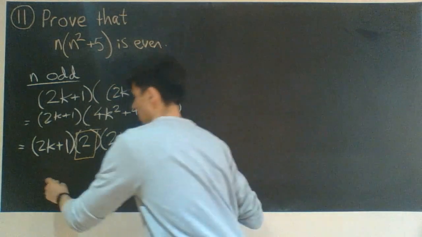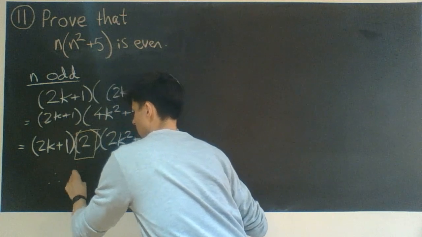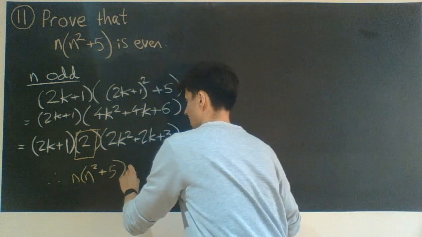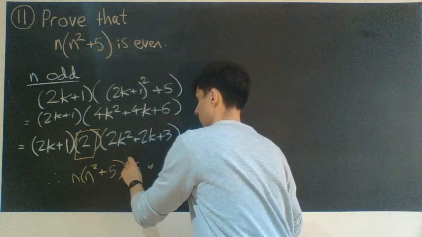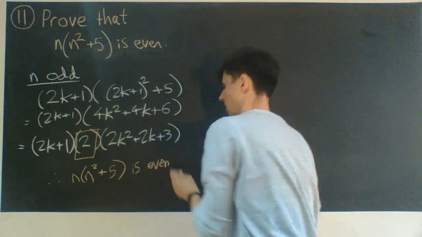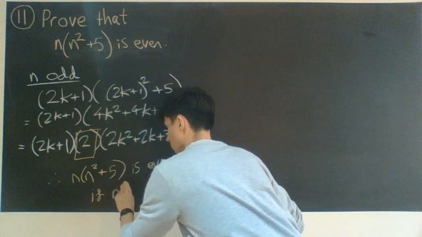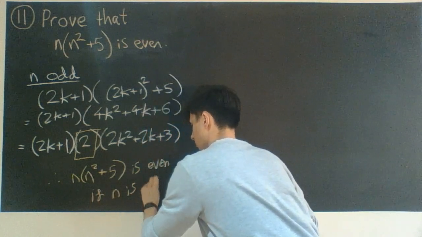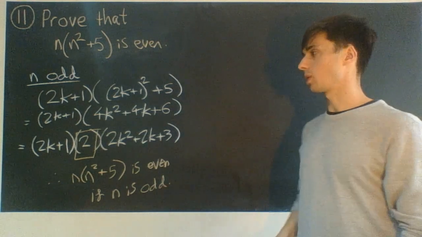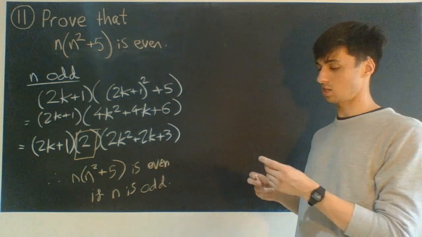So we can say here, therefore, n(n squared plus 5) is even if n is odd. So we've showed one part of what we'd like to show. N(n squared plus 5) must be even if n is odd.